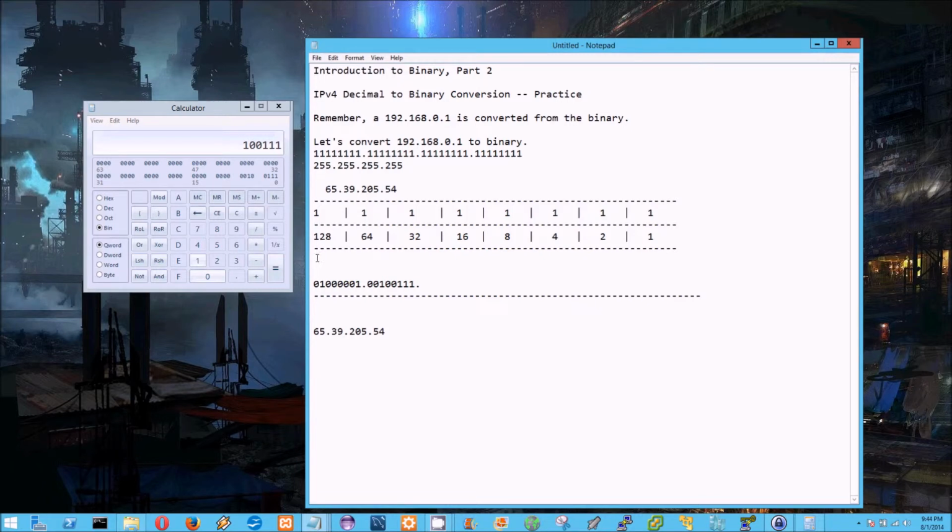So 205, we're going to set that bit there. And 205 minus 128 equals 77, which sets the bit. And after that, you have 13 left.